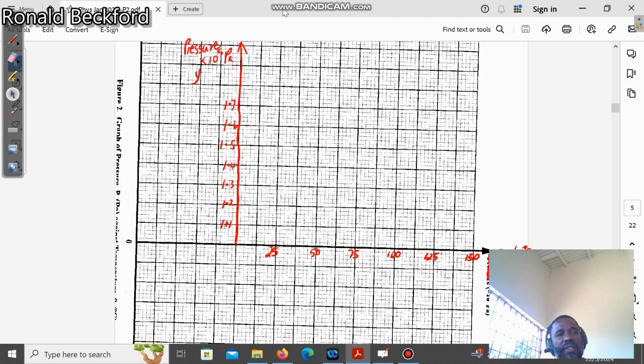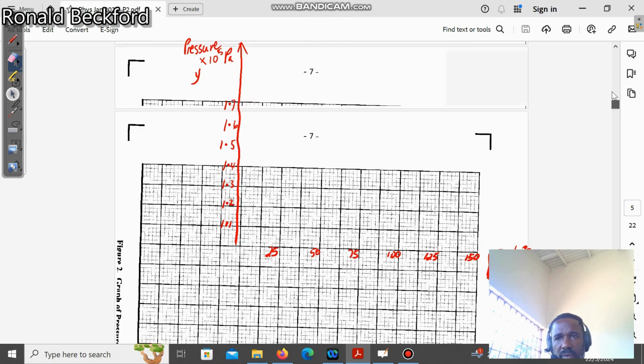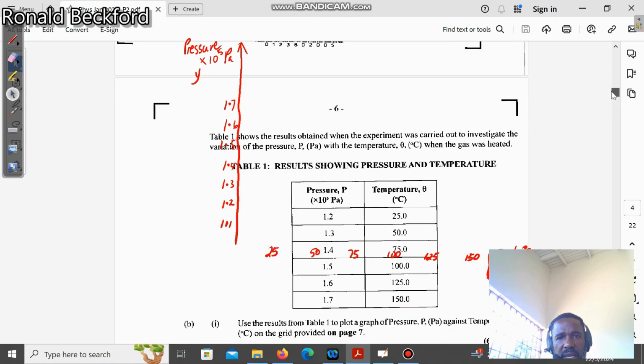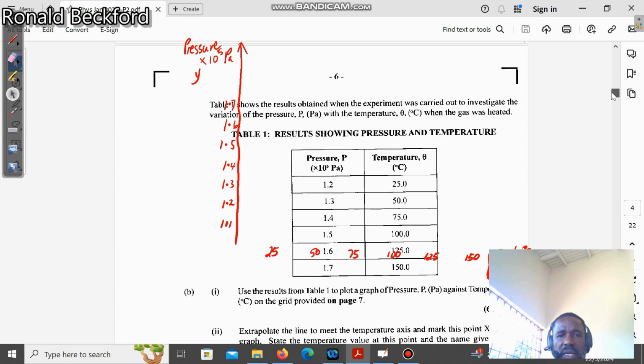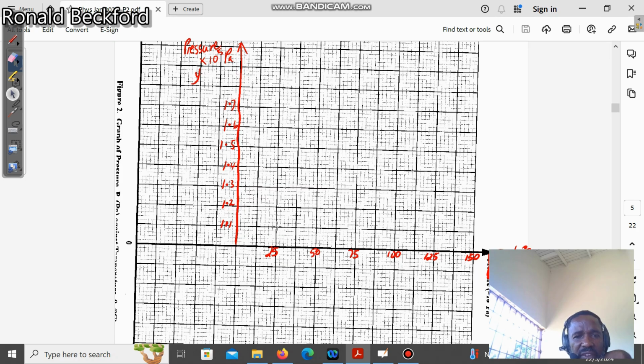The second part of the question is asking us to plot a graph, and here are the points that we are to plot. The temperature goes on the x-axis while the pressure goes on the y-axis. At 25 degrees Celsius, we have 1.2.